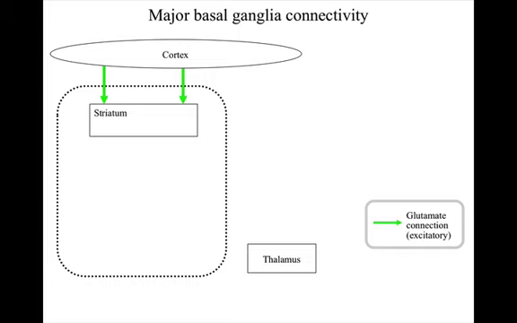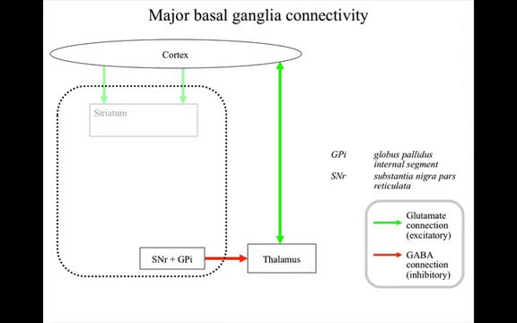There's massive excitatory input from the cortex into the striatum. Outputs from the striatum go to the GPI-SNR and target the thalamus. And as discussed earlier, there's a positive feedback loop between the thalamus and the cortex.